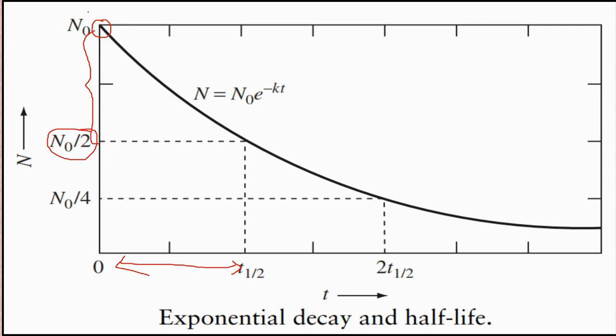So the initial amount will reduce to half of it after some time t half, and then it becomes again half, that is N0 by 4, after spending the same amount of time, that is t half. So likewise we will calculate the exponential decay.